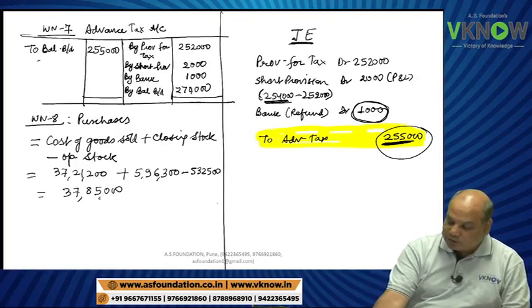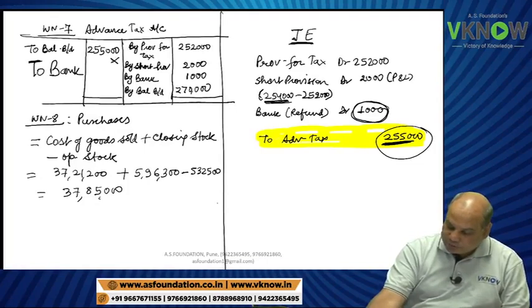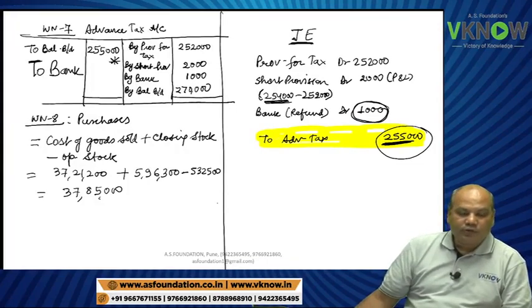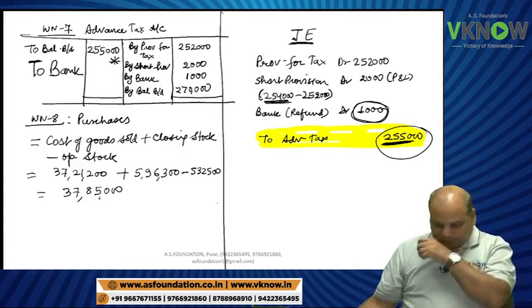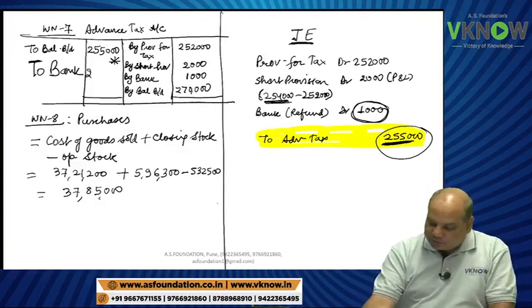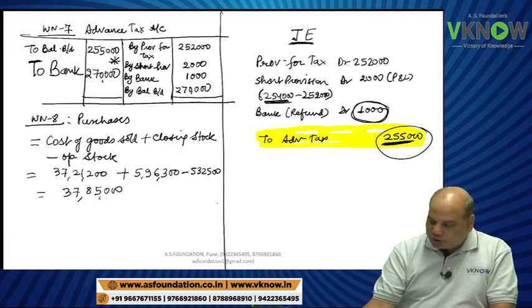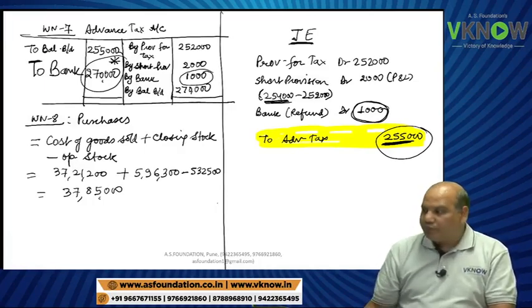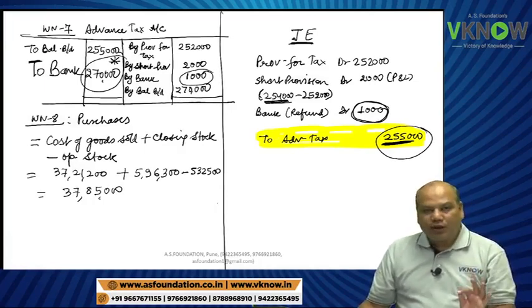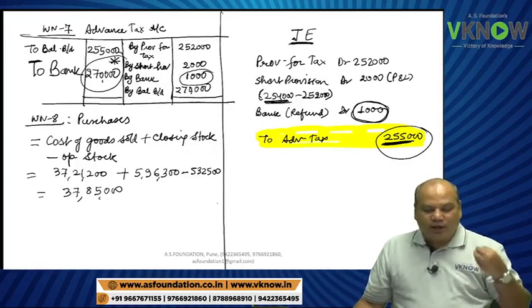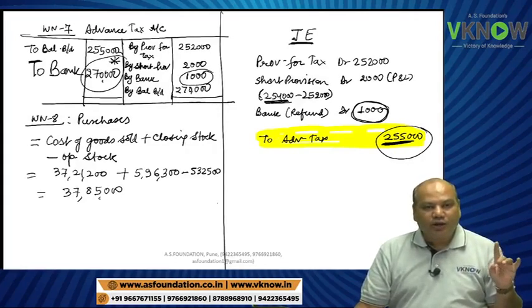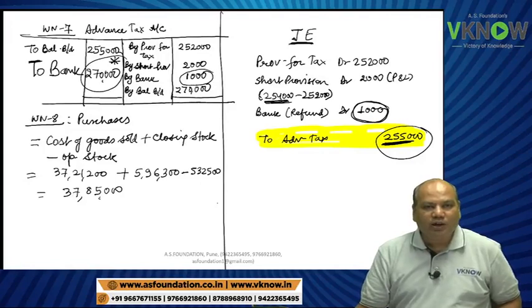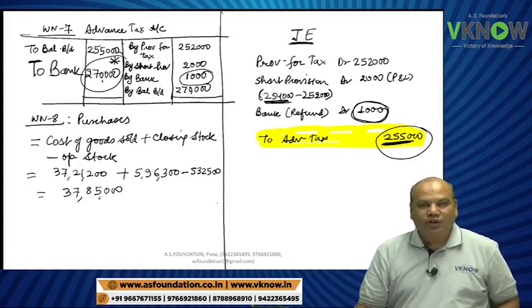Now advance tax account is not telling, so the difference is to bank current year. Current year advance tax paid is 2,70,000 and refund received is 1,000. Tax paid 270, tax refund 1,000. So net tax paid 270 minus 1, 2,69,000.